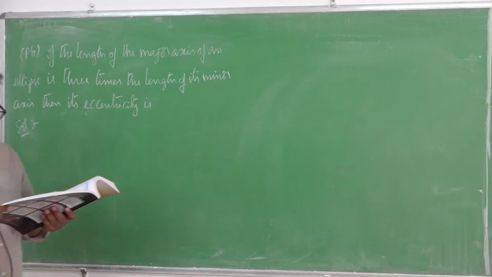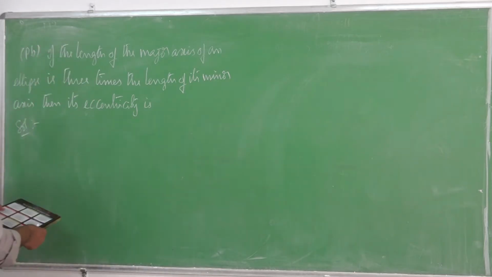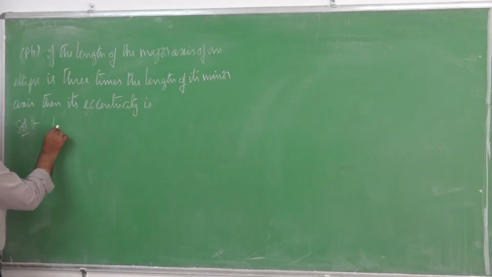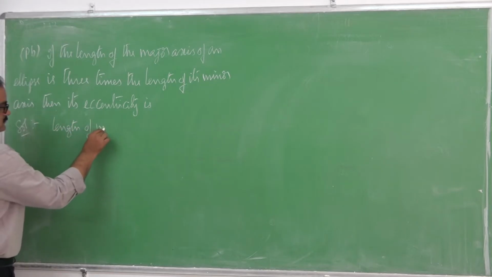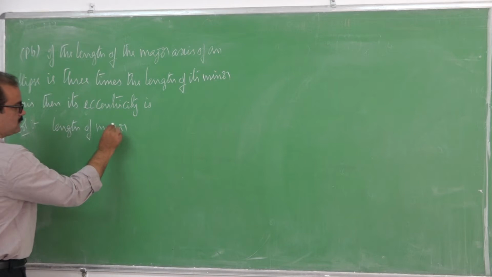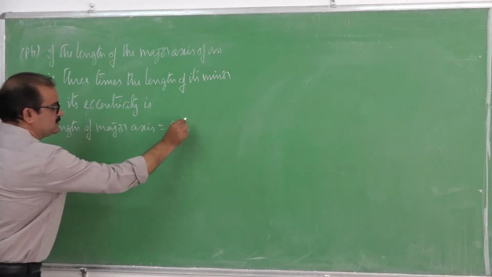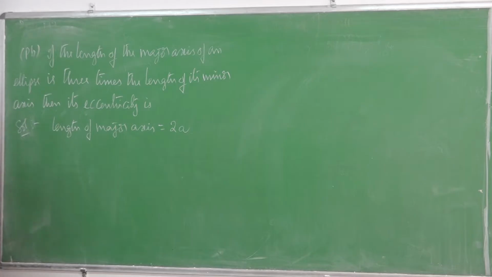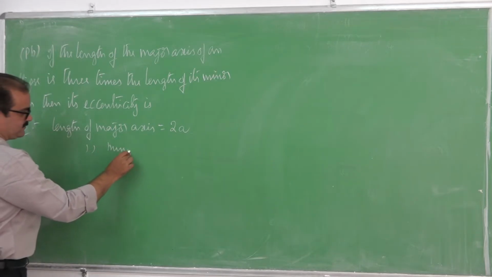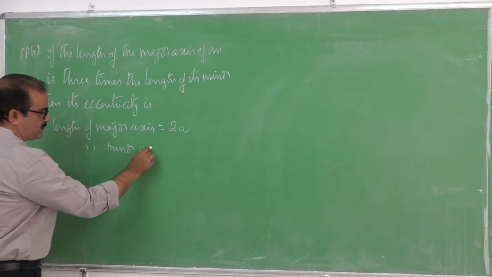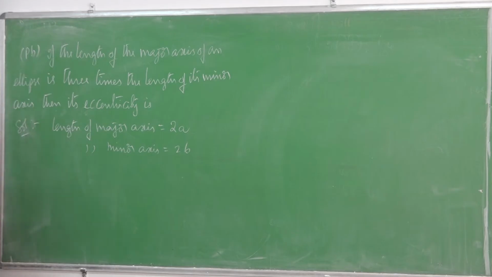If the length of major axis of an ellipse, what is the length of major axis? Length of major axis is 2a. Length of minor axis is equal to 2b in standard form.